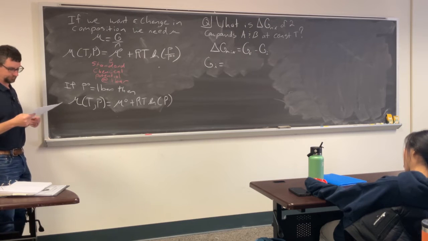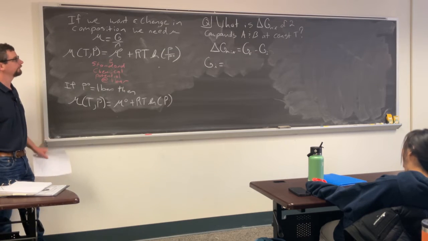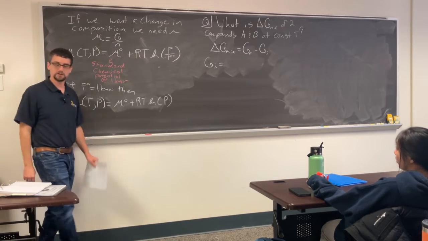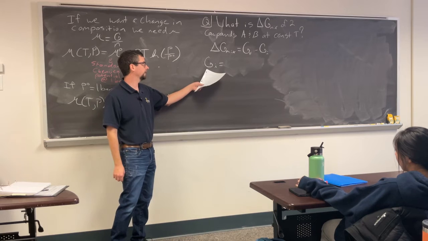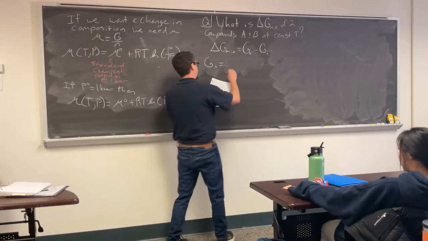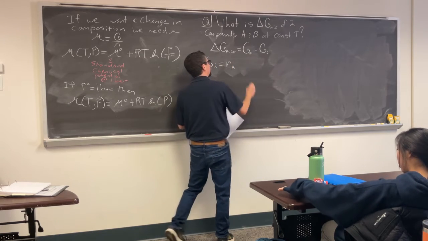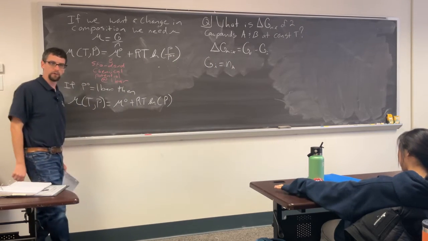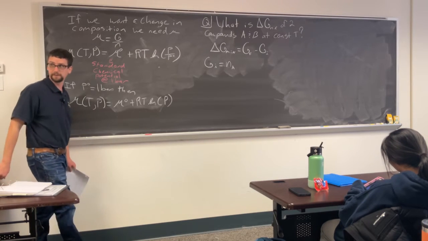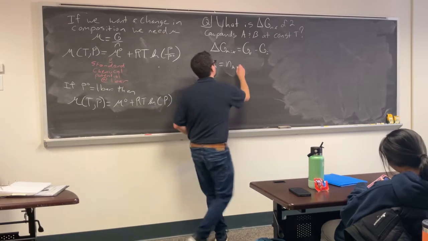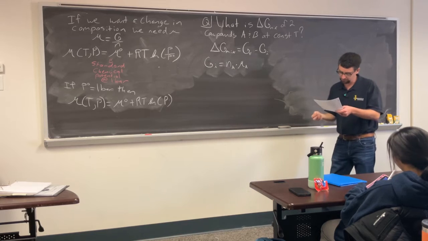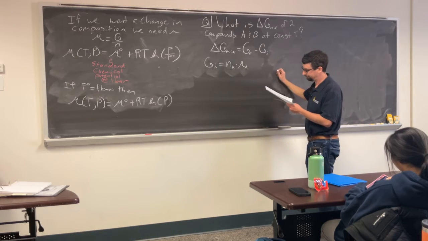Okay, G of i. We looked at partial molar volumes and changes in partial molar volumes in the past, but we've also done it with the Gibbs energy. If I want to do this framed upon moles of A, what do I got to multiply moles of A by to get the change in Gibbs? Yep, I got to multiply by mu of A at whatever conditions we have, right?